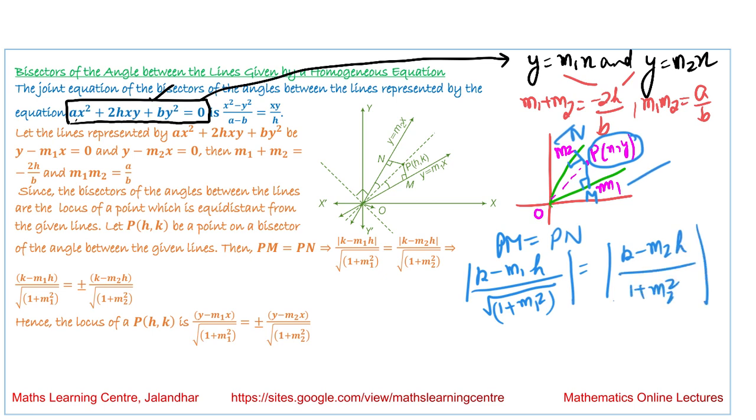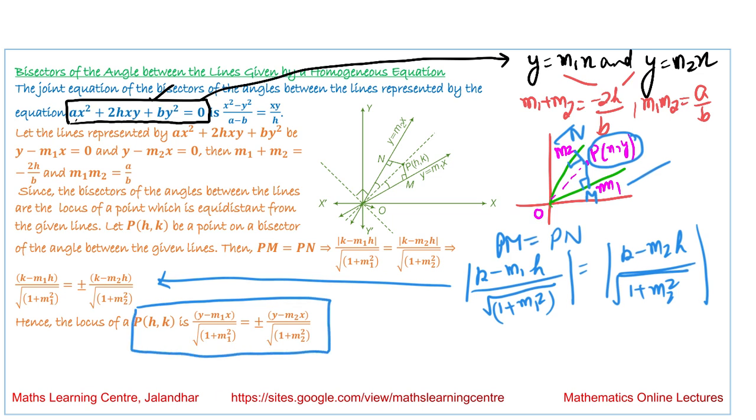On solving this, we obtain the condition in this form. So we are saying the locus of the point P(h, k) is given by this equation. It gives us the locus of the point P(h, k). So these are the two equations we have.